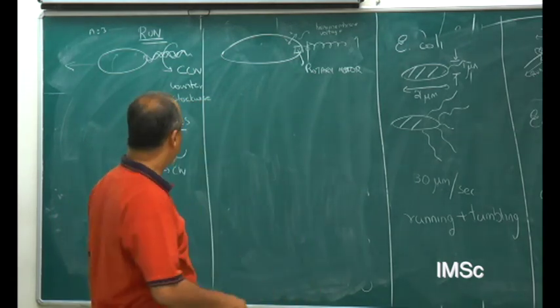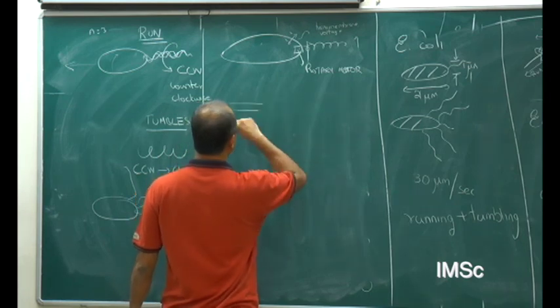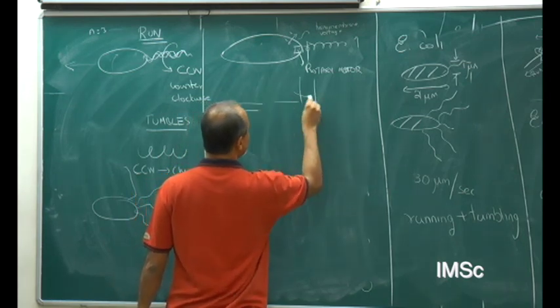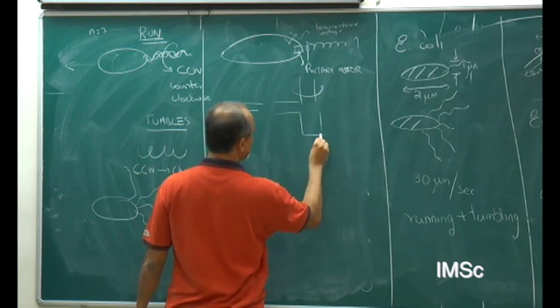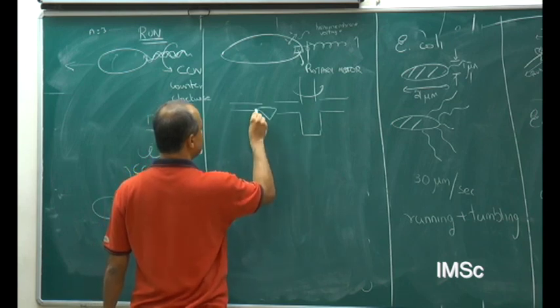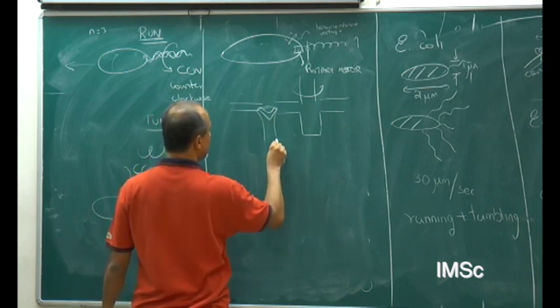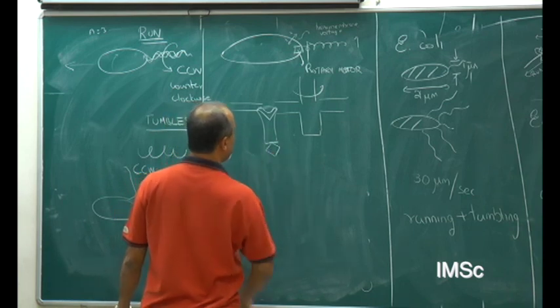So the way it regulates this is the following. So here is the motor, the other parts of the motor. Just to draw one part here. Over here, fixed inside the membrane.